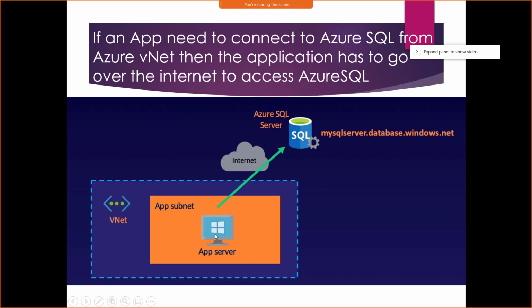So in that case, from the VNet, it has to go over the internet to access that separate SQL Server instance. Or what you can do is you can just create a virtual machine inside the VNet here, and inside the virtual machine install, suppose it's an image of Windows Server 2016, and then install SQL Server on top of that, and then in the same VNet with private IP addresses, they can connect, and they don't have to go over the internet to connect to each other.